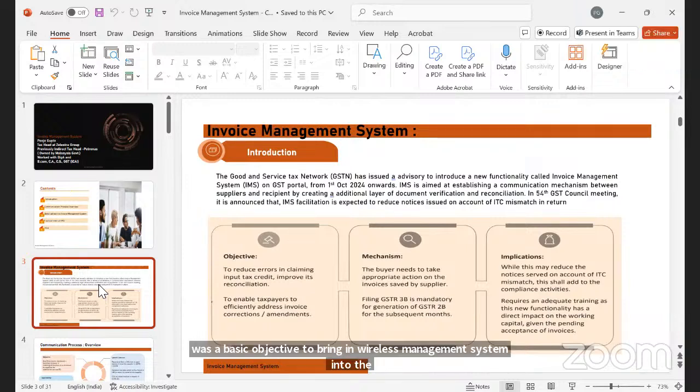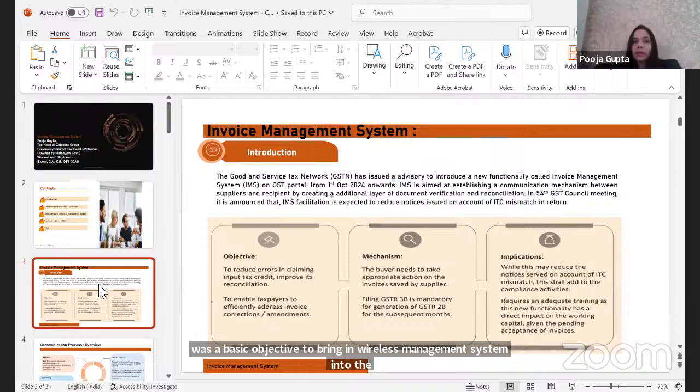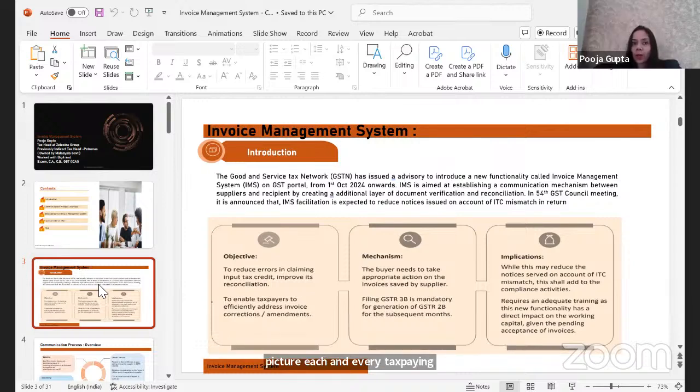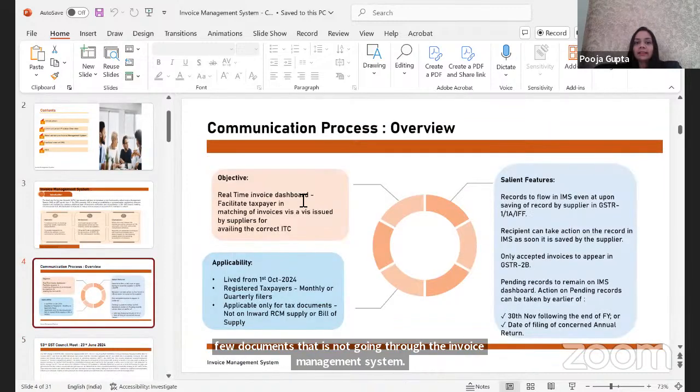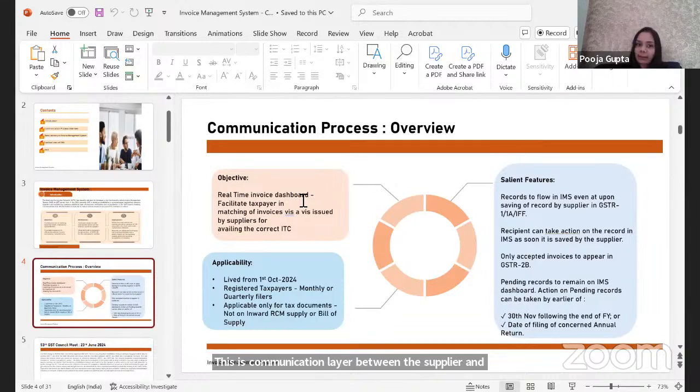Each and every tax-paying document will be routed through the Invoice Management System, except a few documents. This communication layer between the supplier and the recipient is a real-time dashboard because it facilitates the taxpayer to take action on a real-time basis.